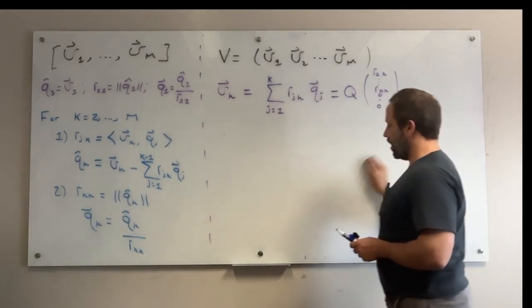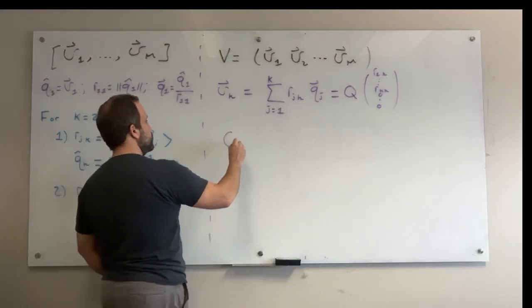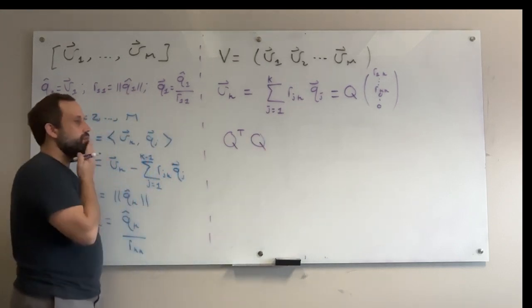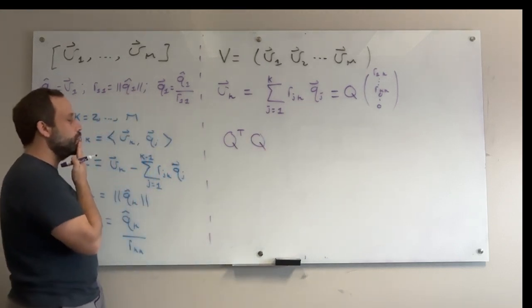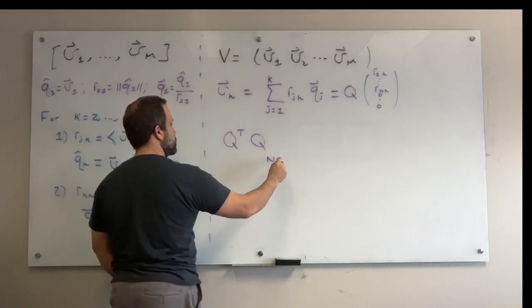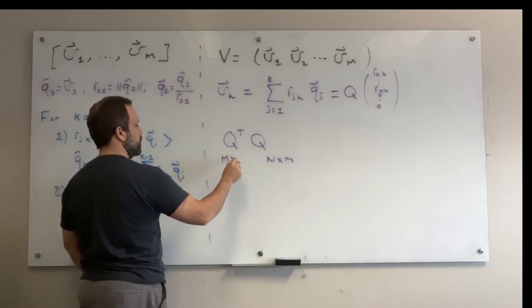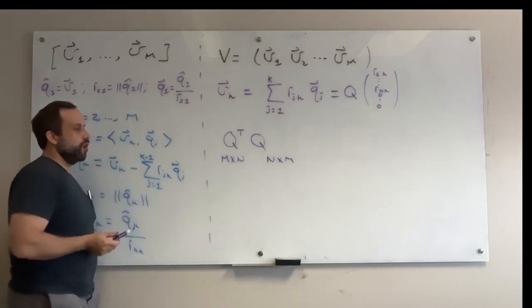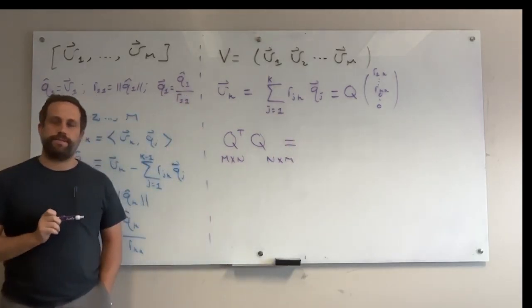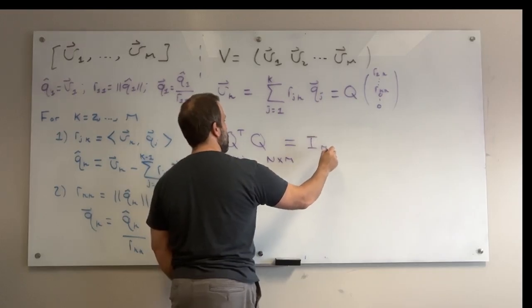One thing to point out: Q and R have special properties. If we do Q transpose times Q, what are we going to get? Well, let's remember that Q is an n by m matrix, so Q transpose is going to be an m by n matrix. When we do this, we're going to get the identity matrix, the m by m identity matrix.